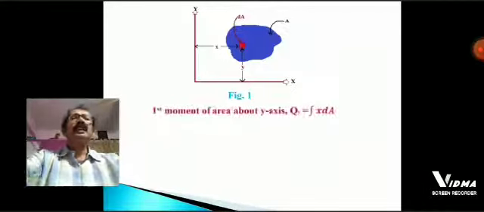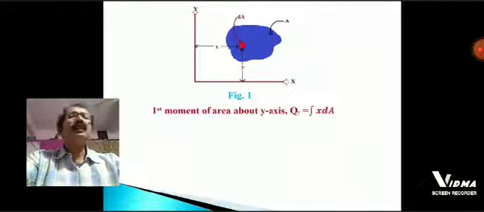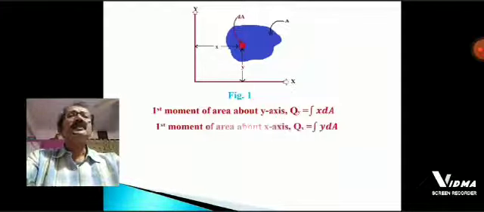Now we know that the first moment of area about the y-axis, that is Qy, is nothing but integration x dA, that is area into distance, integrated. Similarly, the first moment of area about the x-axis, that is Qx, is integration y dA.